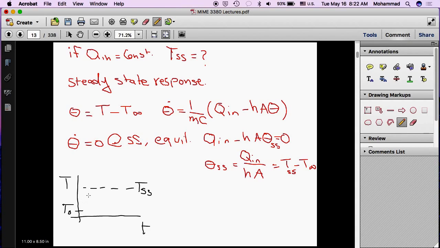Okay, so if you want to plot, it starts from this number, gradually goes up and settles. Now it settles at T steady state, so it should go all the way to here and settle.